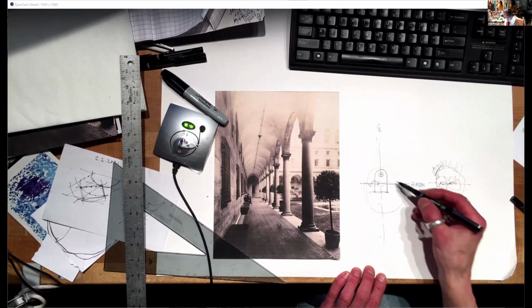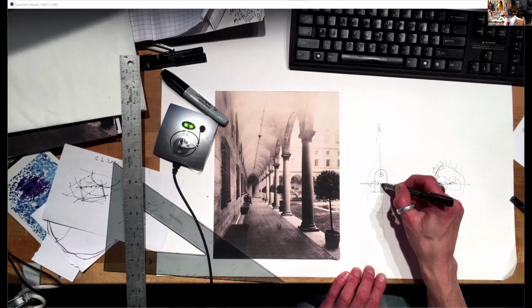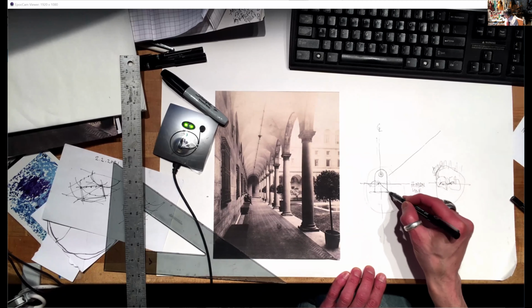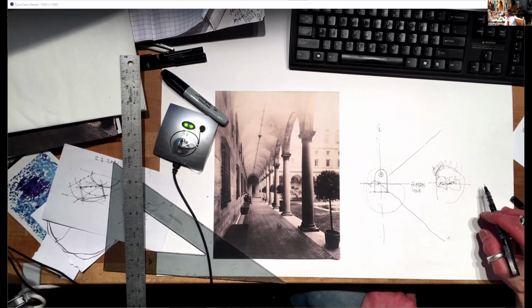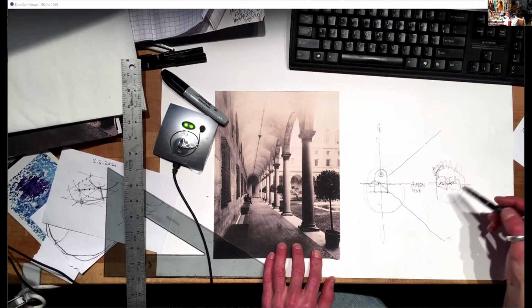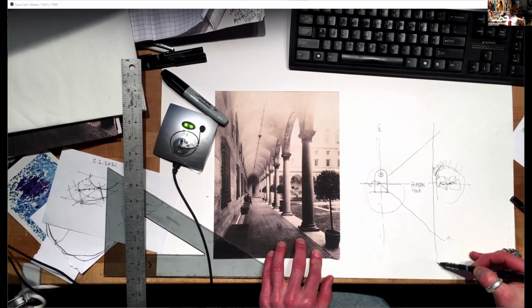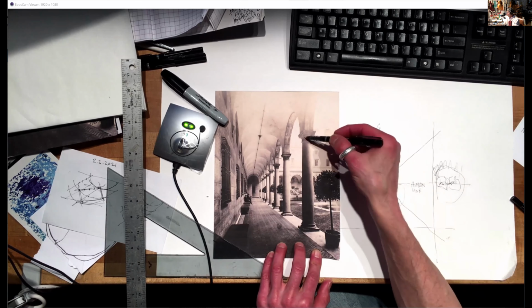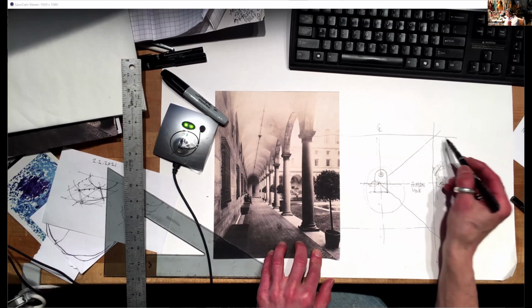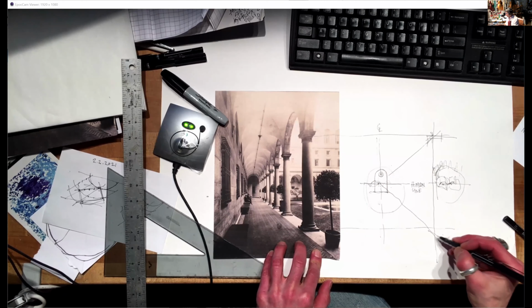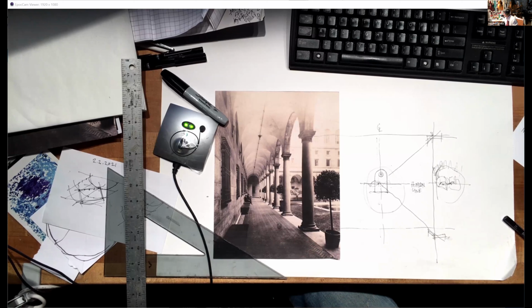If I were to take a line from the center here and go in that direction and in that direction, and if I were somewhere over here, I might be looking at, right?